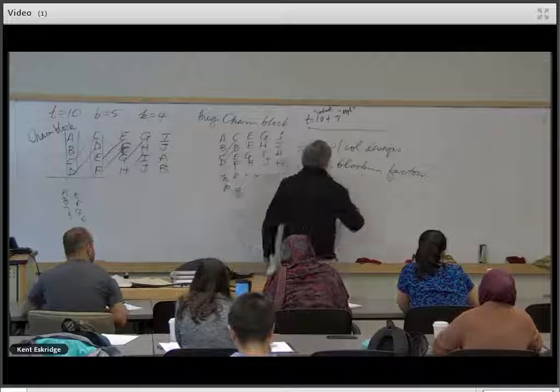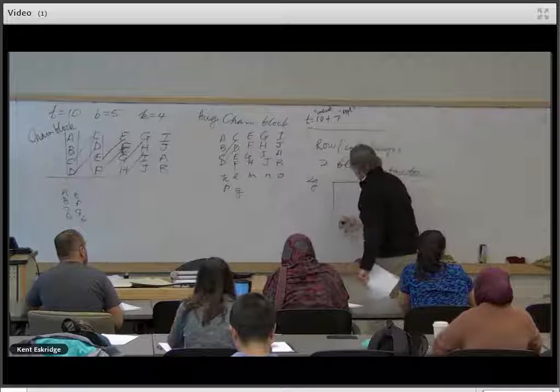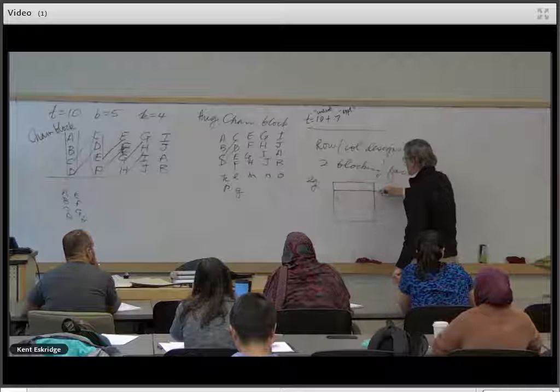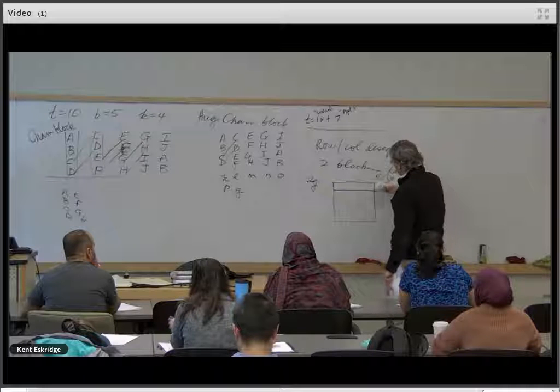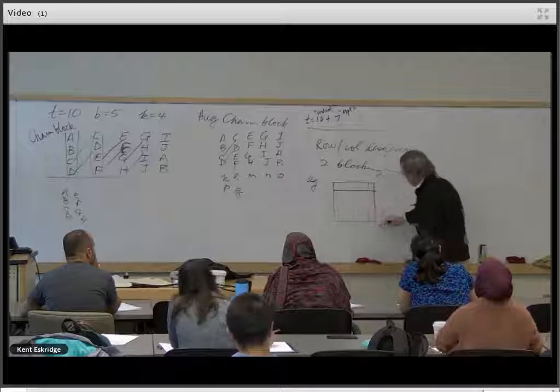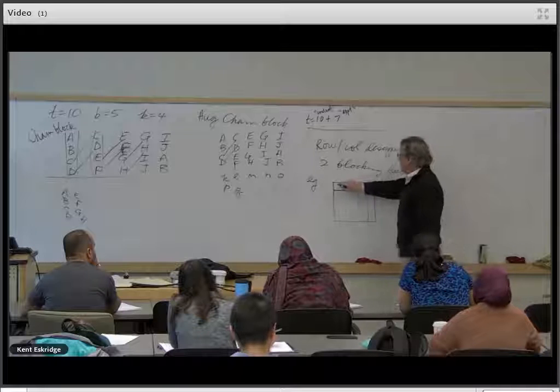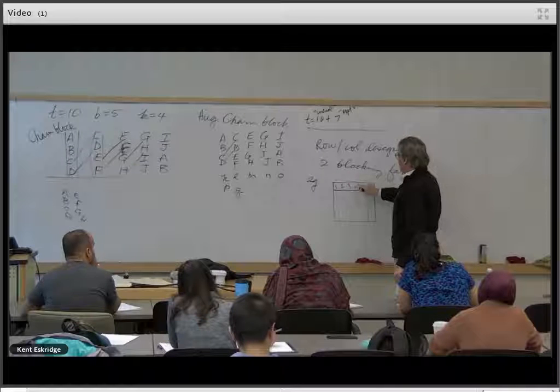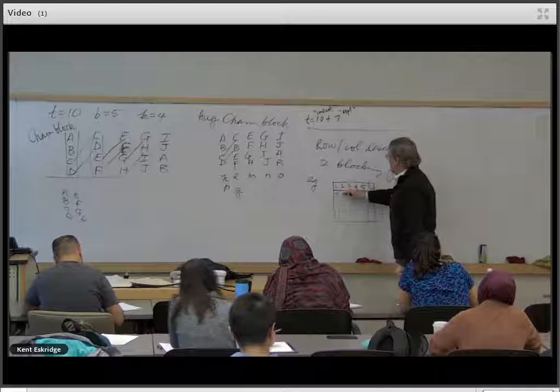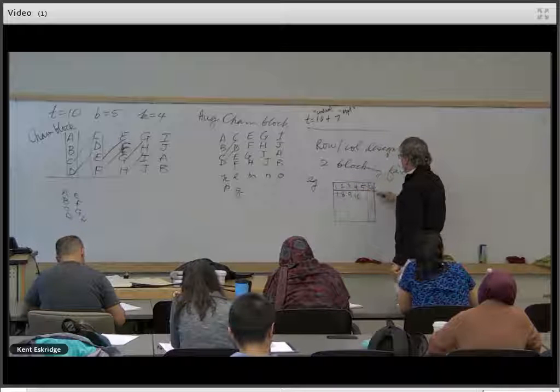Martha has an incubator, and she can put 6 eggs this way. I think it's 6 this way, and it's 7 down, right? So you can put 1, 2, 3, 4, 5, 6, 7, 8, 9, 10, down to 42, right?